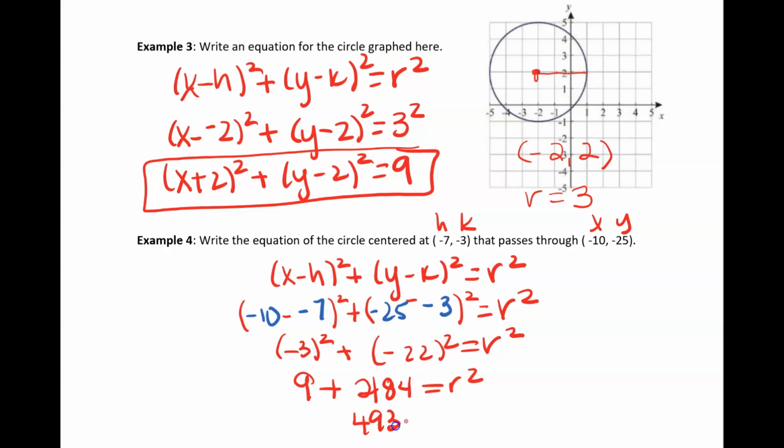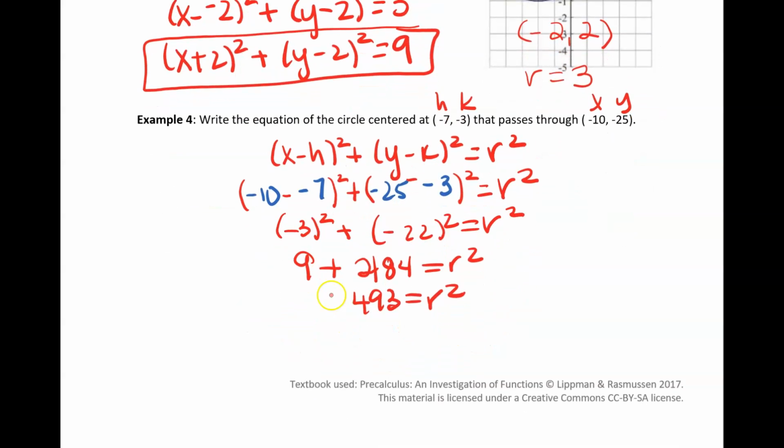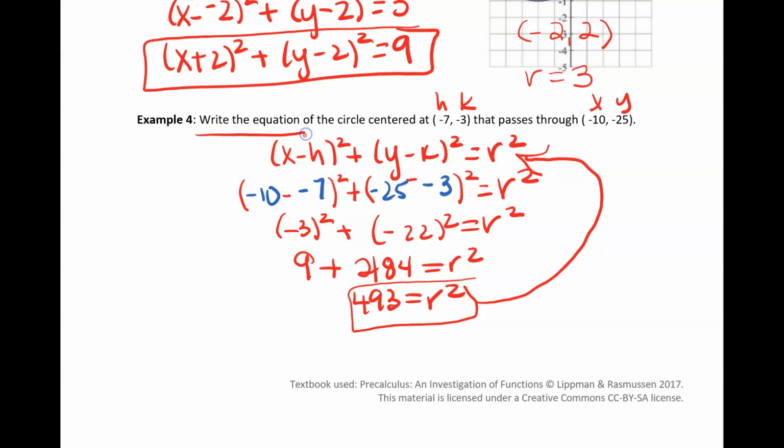So 493 equal to r squared. Solve that for r? Well, we're just going to leave that as r squared because that's the value we want to plug in here. So writing the equation of the circle would leave me with x plus 7 squared plus y plus 3 squared equal to 493.